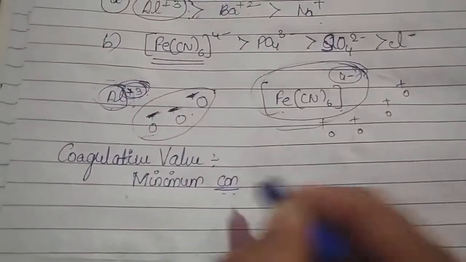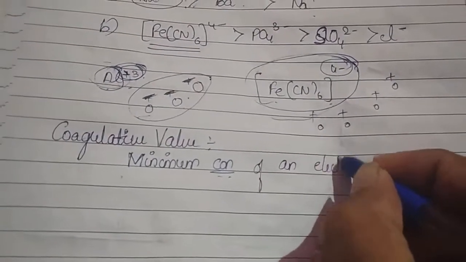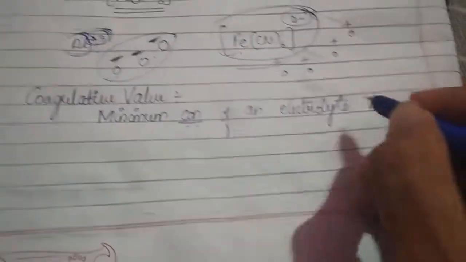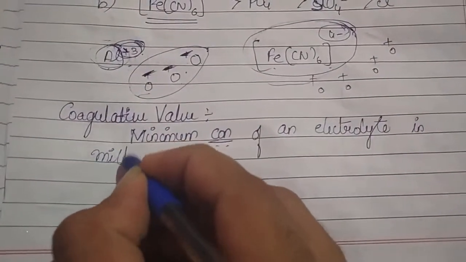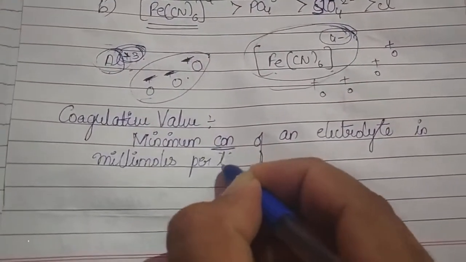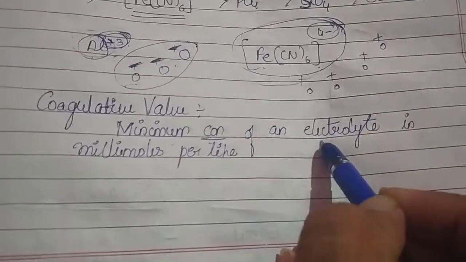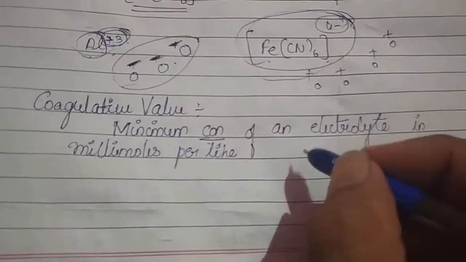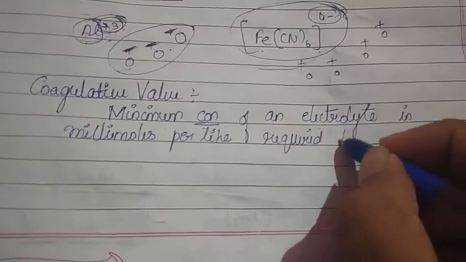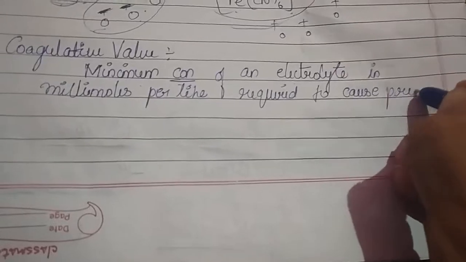It is the minimum concentration of an electrolyte in millimoles per liter required to cause a precipitation of a salt.